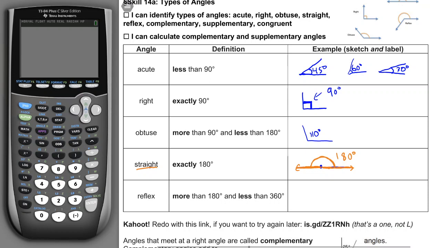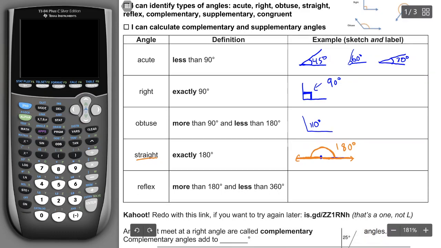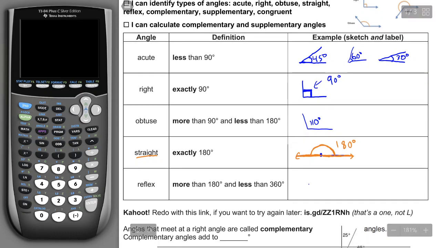And now this last one is one you probably learned in middle school, and you've probably never used since middle school because it's honestly not that often that we talk about or care about these things called reflex angles. But the idea of a reflex angle is if you've got a full circle rotation is 360 degrees, right? So if I've got an acute angle on one side, let's draw 45 again.